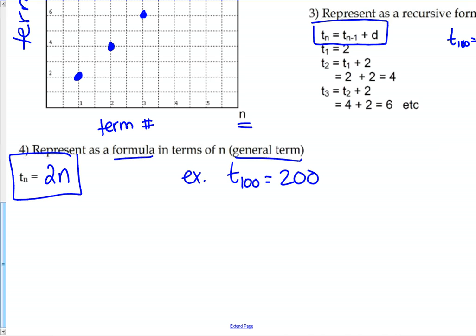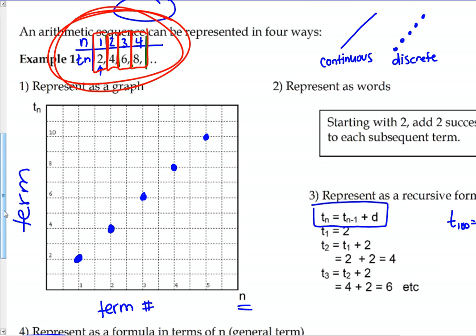Oh, maybe you can write this at the top. I forgot to mention. When something is a straight line, what do we call that? It was the name of 3 of your units in Math 10. Linear! Yeah, so arithmetic sequences are linear.